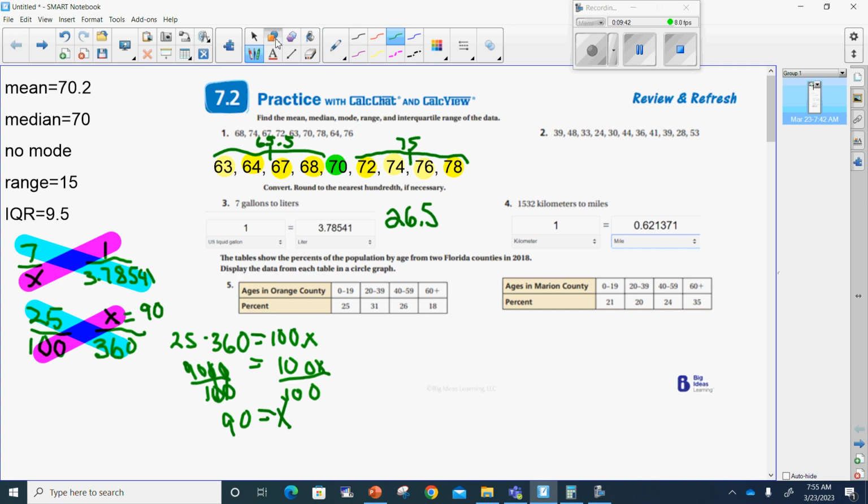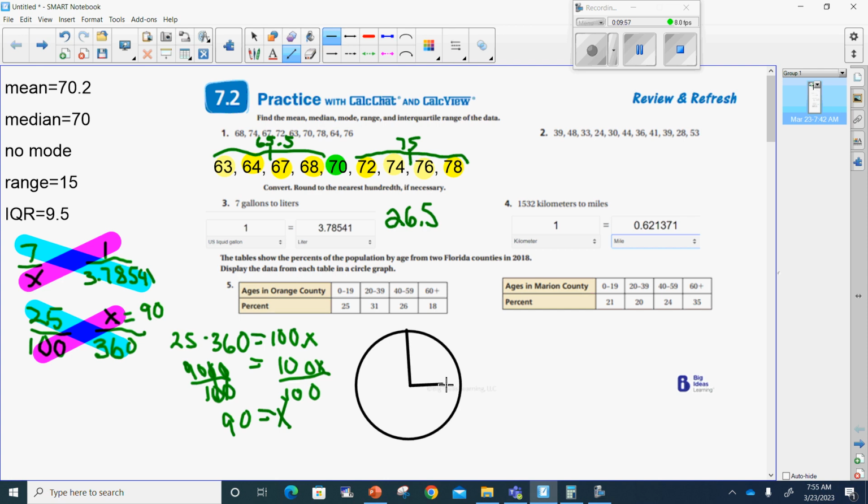So when I make my circle graph, I'll put it over here, and then I start making my lines. I know the first one's going to be a 90-degree line, so I can put this one straight down to my center, and then put the other over here at 90 degrees. Now this helps me figure out the rest, because this one over here is 26%. I'll put 26 as a little more than 25, so about right here.